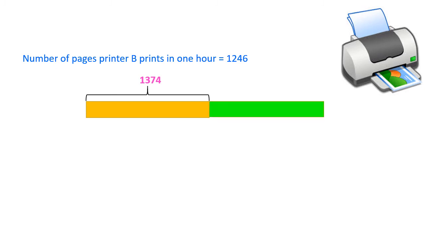1246. Now number of pages printed by printer A in 1 hour is represented by this yellow bar which has a value of 1374, which was given in the question. And just now we got the answer that how many pages printer B prints in 1 hour. It is 1246.